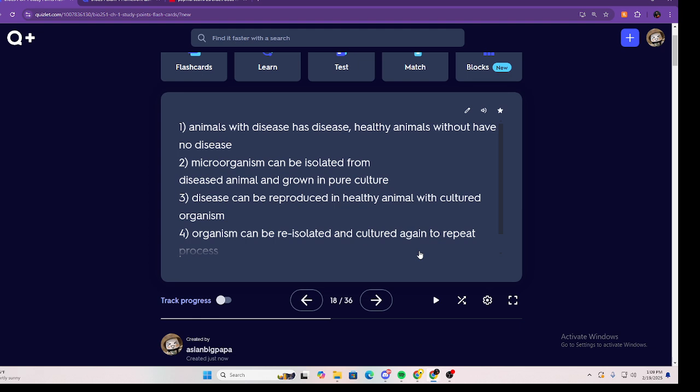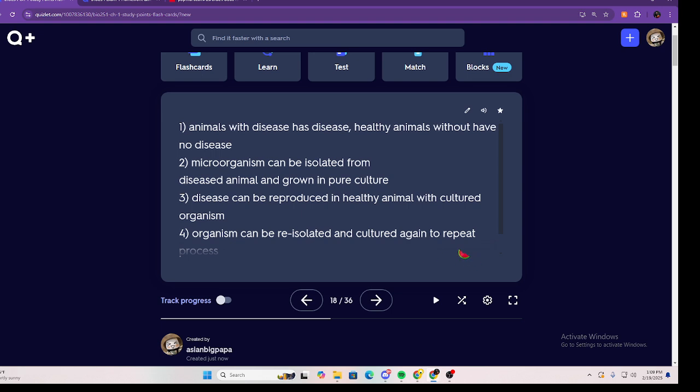So basically, it starts with an animal with a disease, and a healthy animal without the disease. So what happens is that we isolate the disease from the sick cow, and then we get that isolated disease, put it in a healthy cow, and see if that cow gets sick.